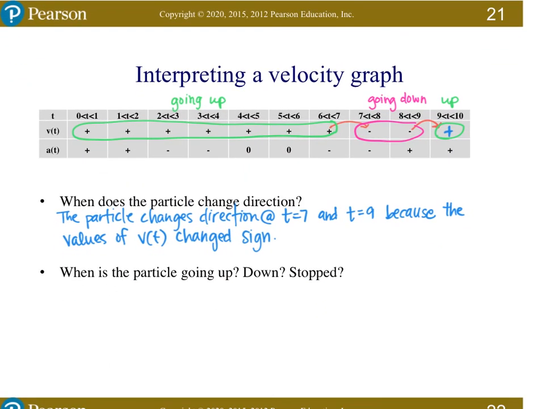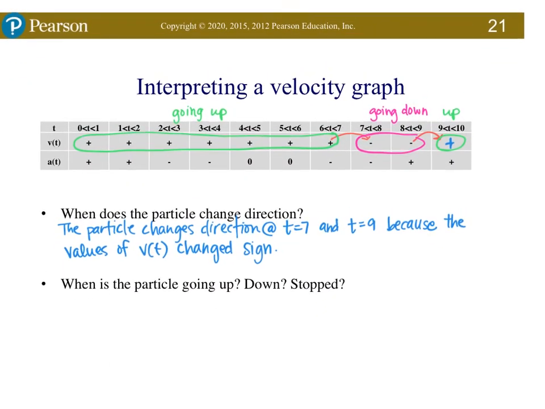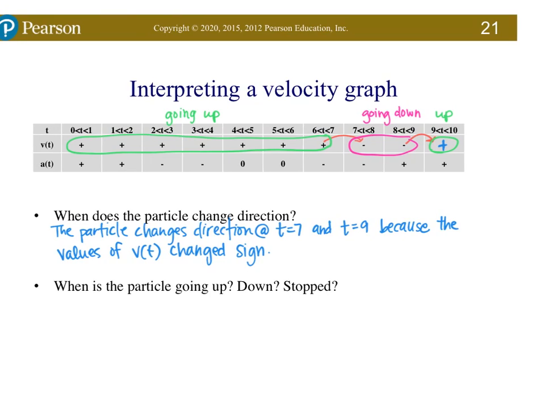When is the particle going up? When is the particle going down? When is the particle stopped? So we've established that it's going up from 0 all the way to 7, and again from 9 to 10.